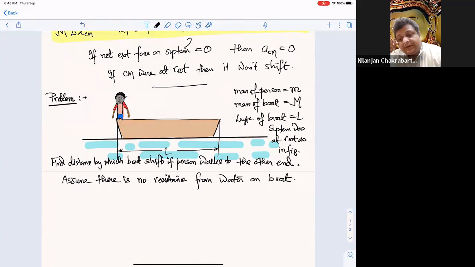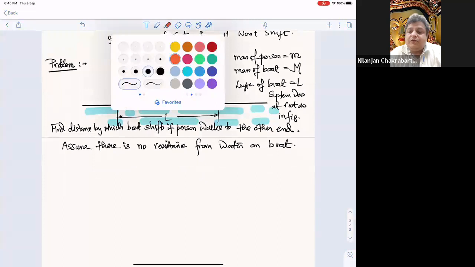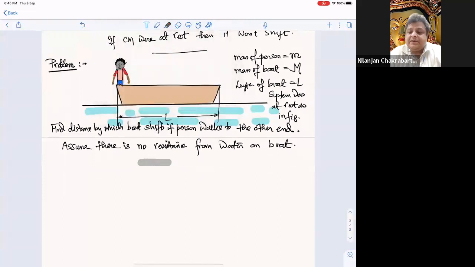Okay. So how will you solve this one? See, I'll solve it in this way. Will the center of mass of the system shift? See, there is no force along the x-axis, no horizontal force. Okay, the net force is zero.